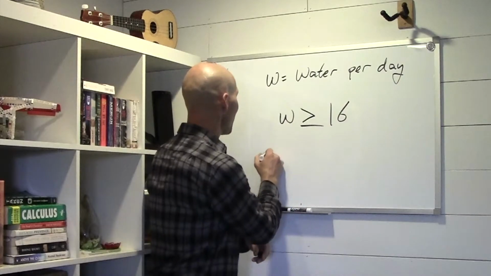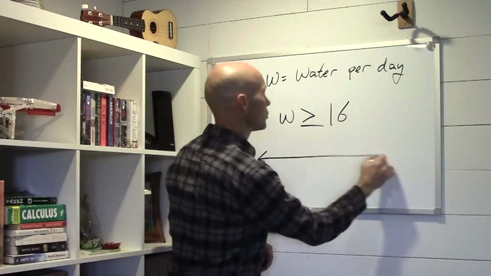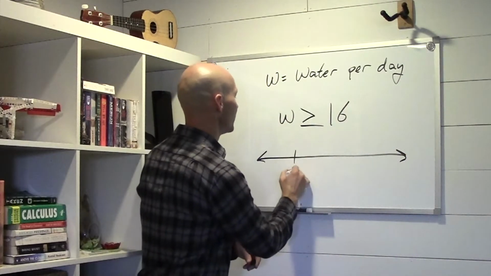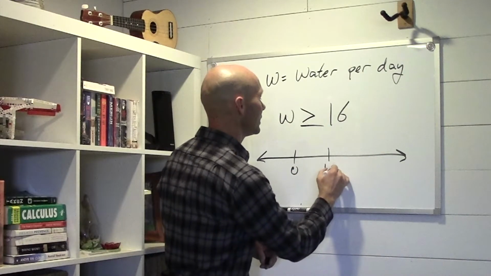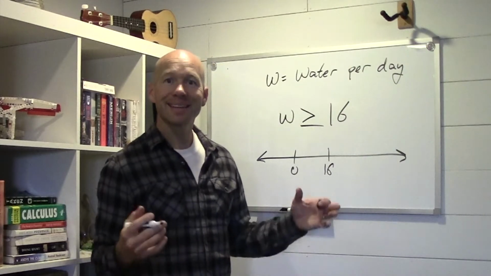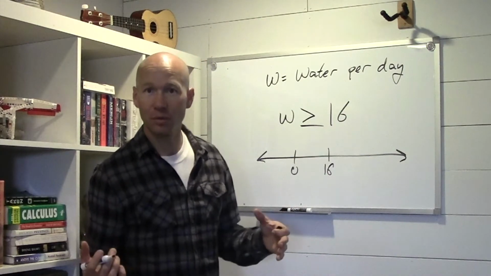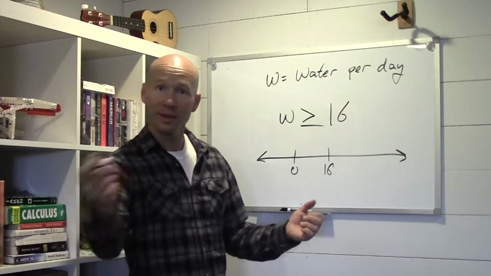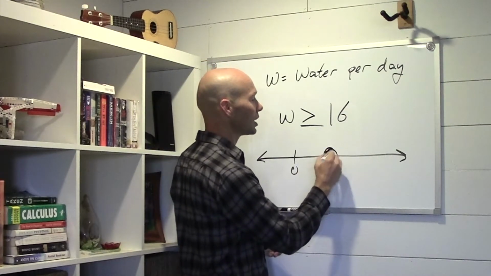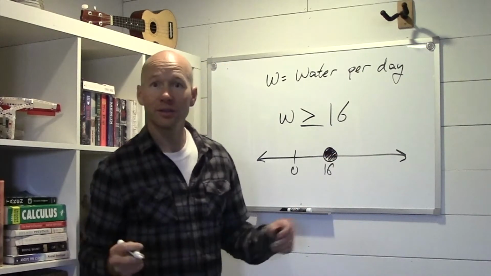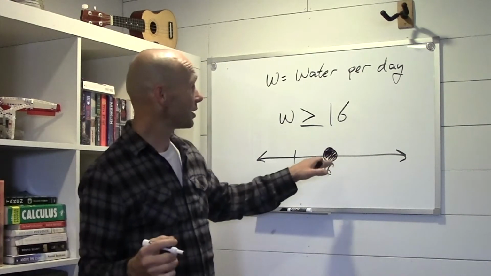Well, that means that if I have a number line, we'll do 0 right here. And we've got 16 here. If I drink 16 cups of water today, am I drinking enough? Yes. So we're going to put a circle around 16 and shade that in, because 16 is enough.